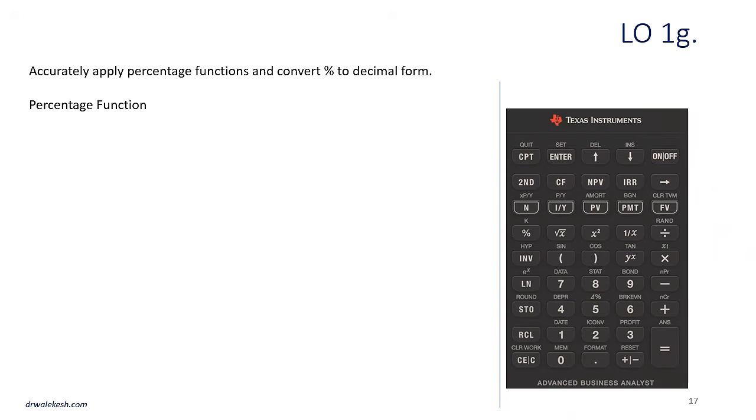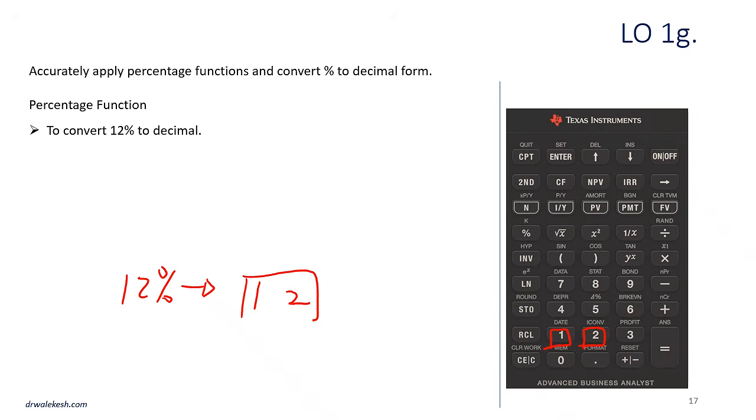Let us look at the percentage function. The percentage function is here. Here I am interested in how to convert a number in percentage form to decimals. To convert 12% to decimals, you first need to press 1 and 2. Then you will press percentage.